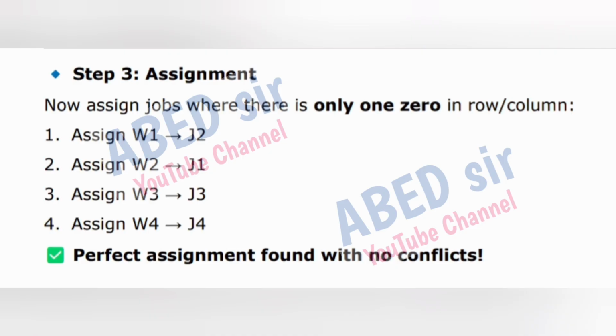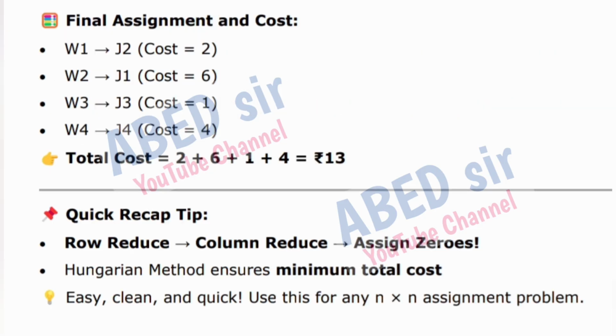Step 3. Assignment. Now assign jobs where there is only one zero in row or column. 1. Assign W1 J2. 2. Assign W2 J1. 3. Assign W3 J3. 4. Assign W4 J4. Perfect assignment found with no conflicts.